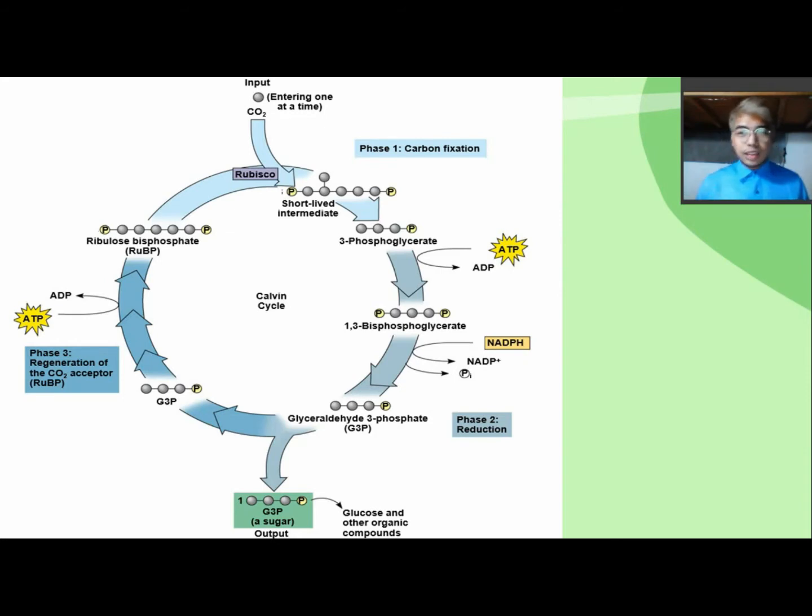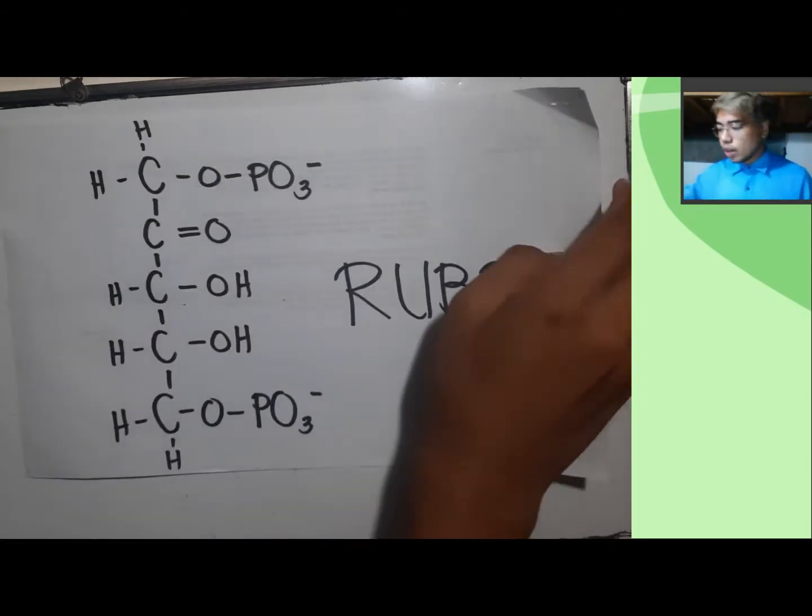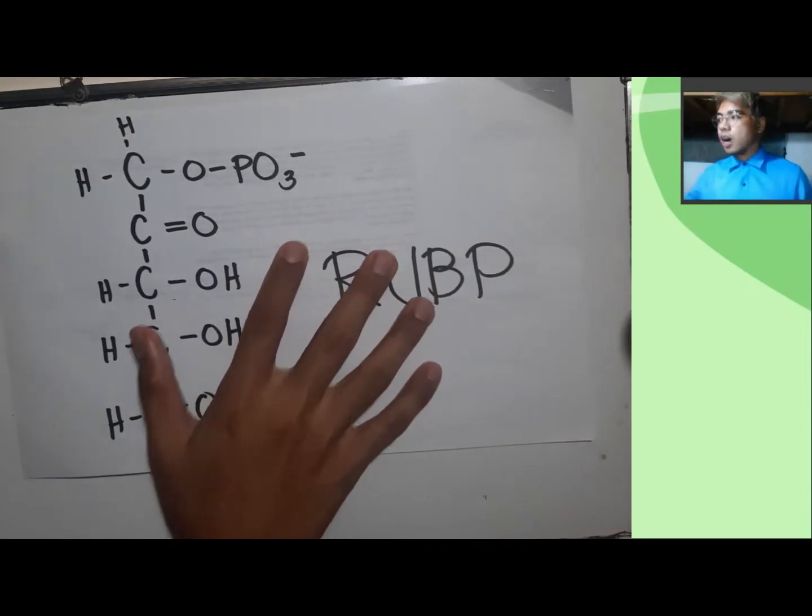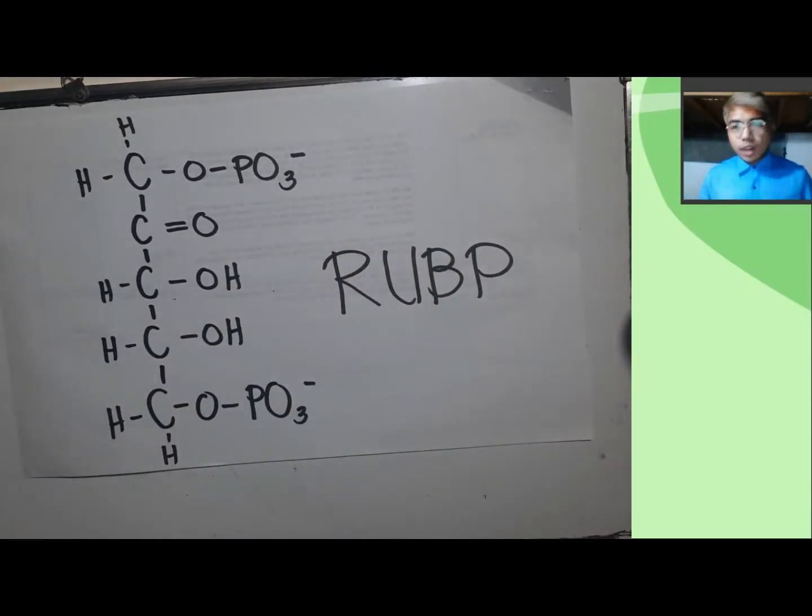Okay, so what are the different things that we are going to consider when it comes to this particular process? When it comes to the Calvin cycle, we're going to start our discussion with a 5-carbon compound known as ribulose 1,5-bisphosphate, or RuBP.